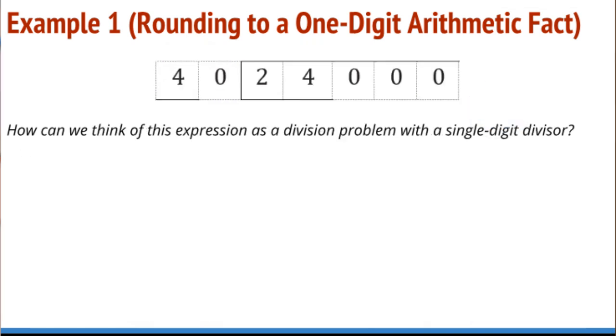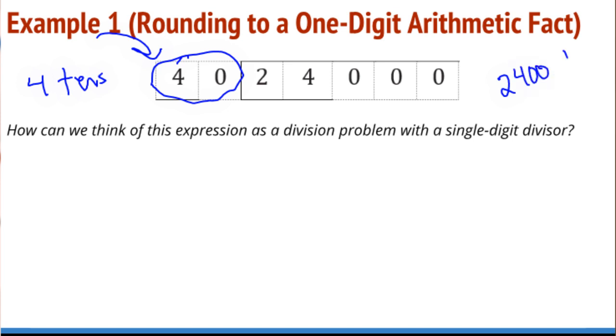And now what we'd like to do is turn this into a single digit divisor. Instead of 2 digits, instead of dividing by 40, we'd like to get this to be a single digit divisor. And this comes back to our unit form. I can think of the 40 as 4 tens, and I can think of the 24,000 as 2,400 tens.